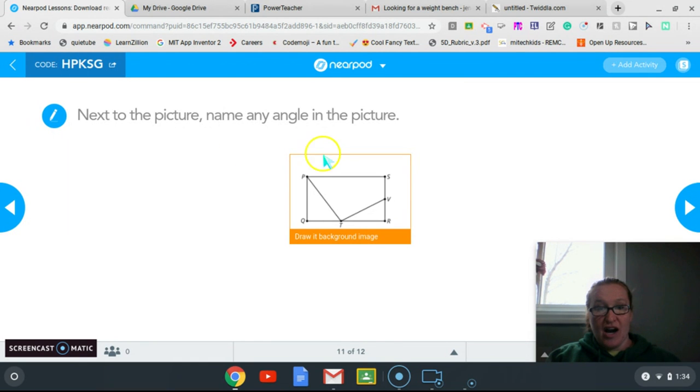So that means I'm going from P to Q to R, because that is the way I said it, the way that you would go. I could say angle PTV. Angle PTV is this angle right here in the middle, right?